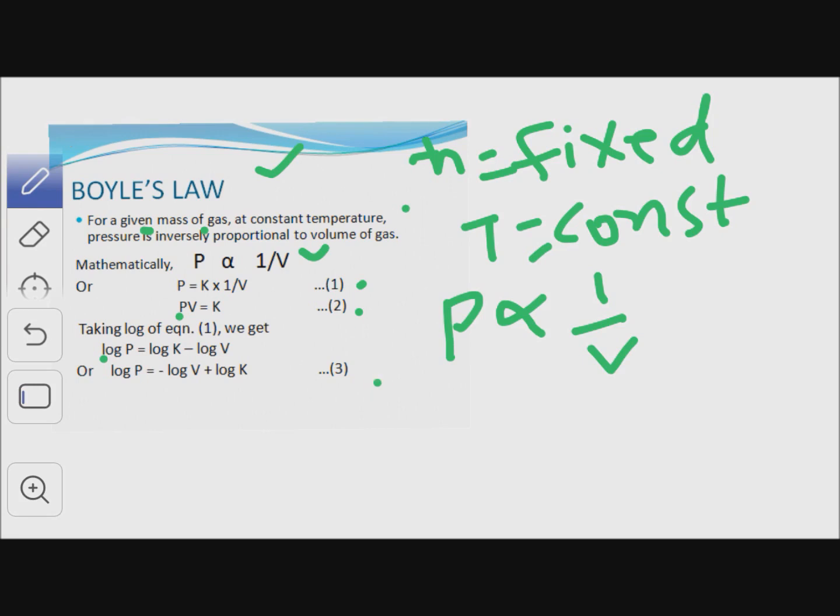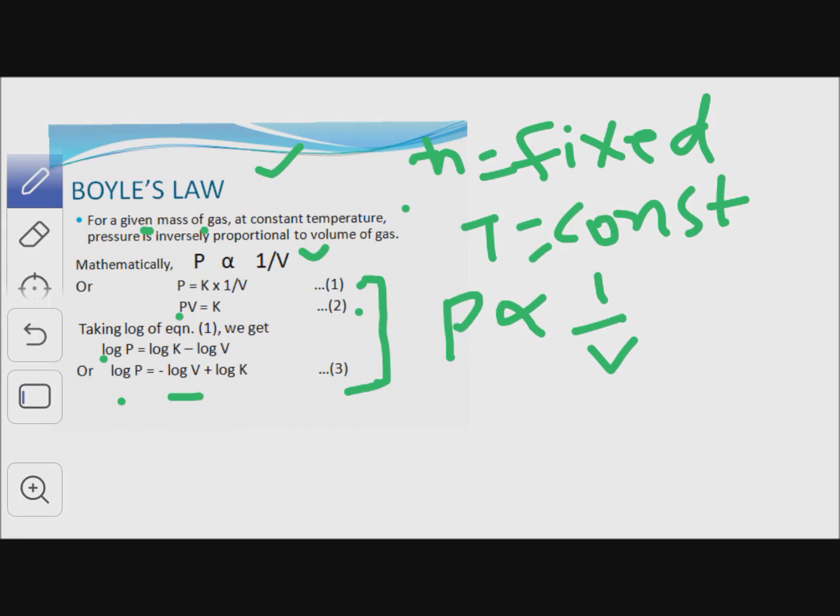It means we have here 3 equations of Boyle's law. First one, in which pressure is inversely proportional to volume, and second one in which the product of pressure and volume is equal to constant, and the third one in which the log of pressure is equal to minus log of volume plus log K.